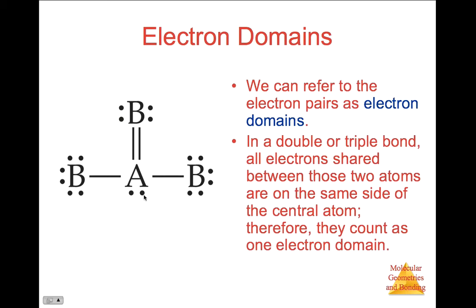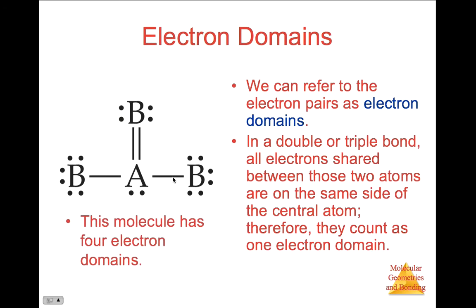This one would technically be called a non-bonded electron domain because it's not bonded to something else, and these three would technically be called bonded electron domains because they are stuck to something else. This one has a total of 4 electron domains.